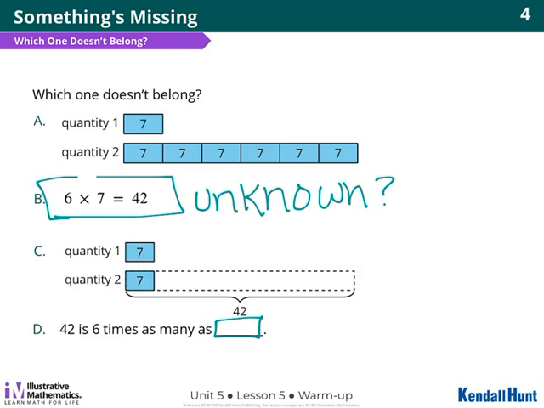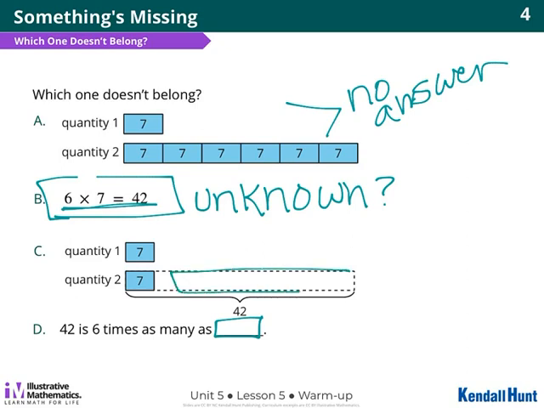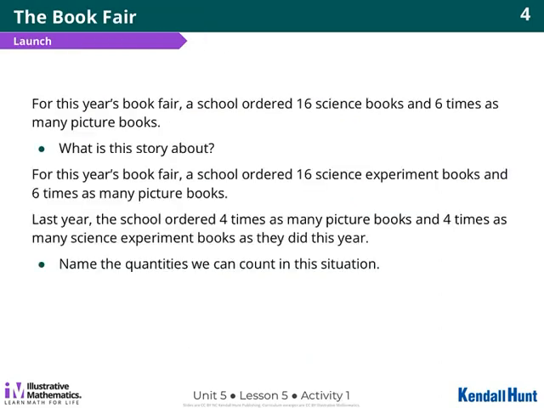The one in A is... one in B is we don't know where they got the numbers from. Oh, okay. Because we don't have a diagram. Yeah. In C, the diagram isn't full. And in D, it doesn't tell us how many times as many it is. Okay. All right. Yes, Brooks. Never mind. Okay.